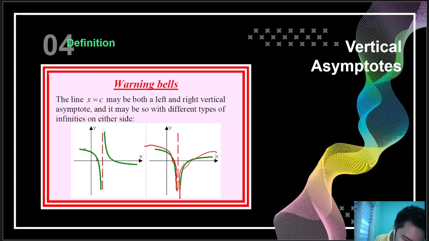It is positive infinity, and this one negative infinity on this side. This side is positive infinity. However, on this side also they have different continuities. So you have to be careful in determining their infinities on both sides.